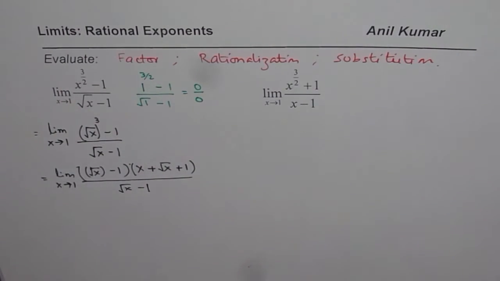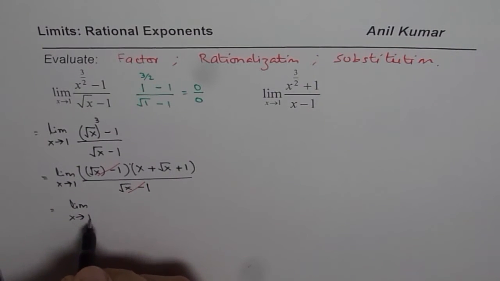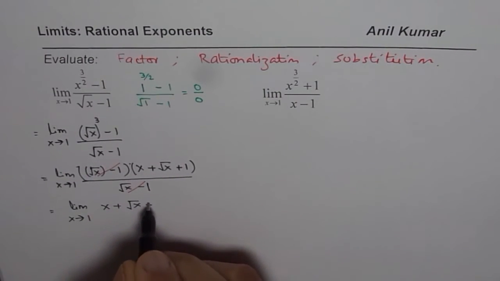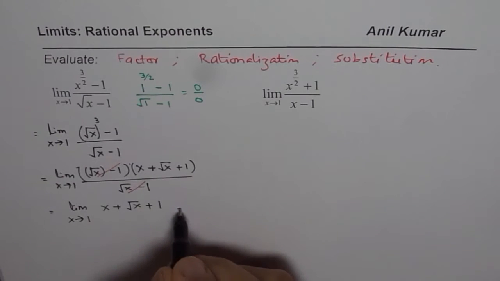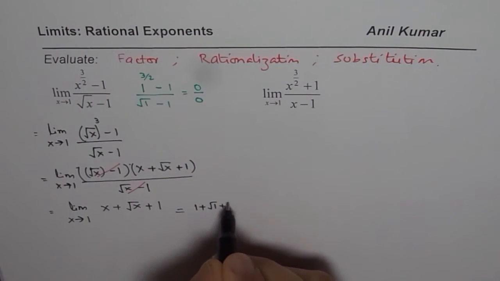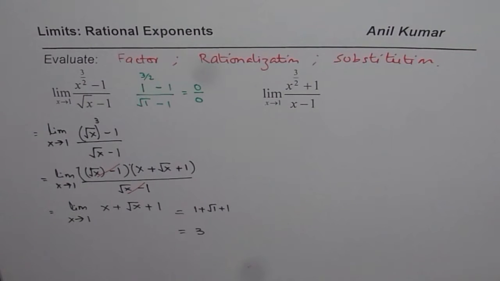And now that common factor which we are talking about can be cancelled. Once you do that, you get the limit as x approaches 1 of x + square root of x + 1. And now when you substitute 1 here, you get 1 + square root of 1 + 1, which indeed is 3. So in this case, you get 3 as your answer, right?